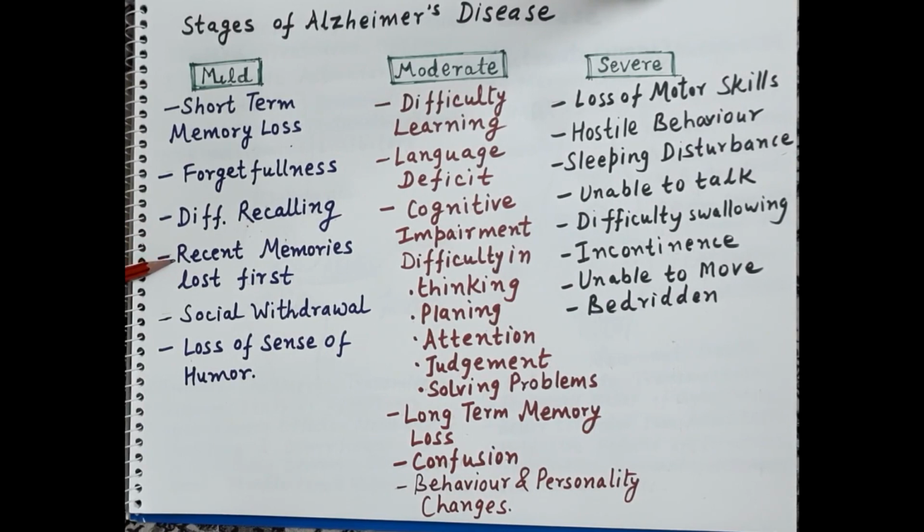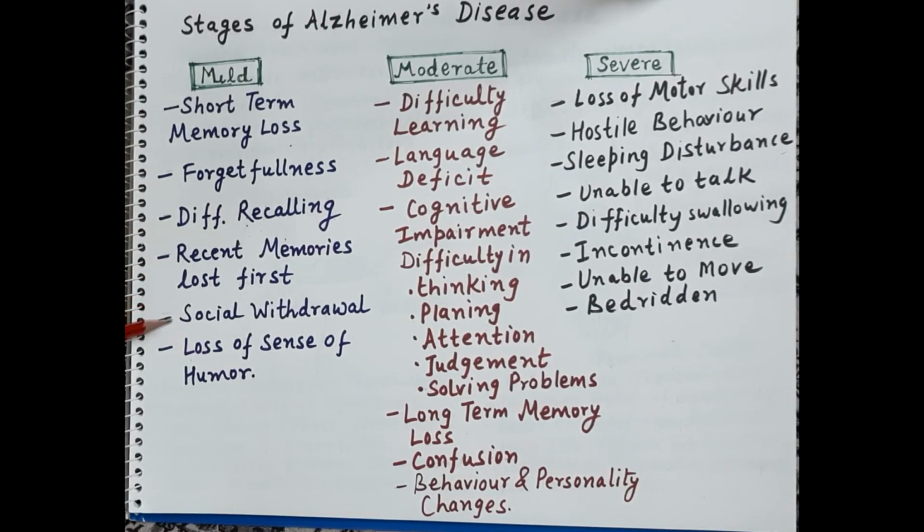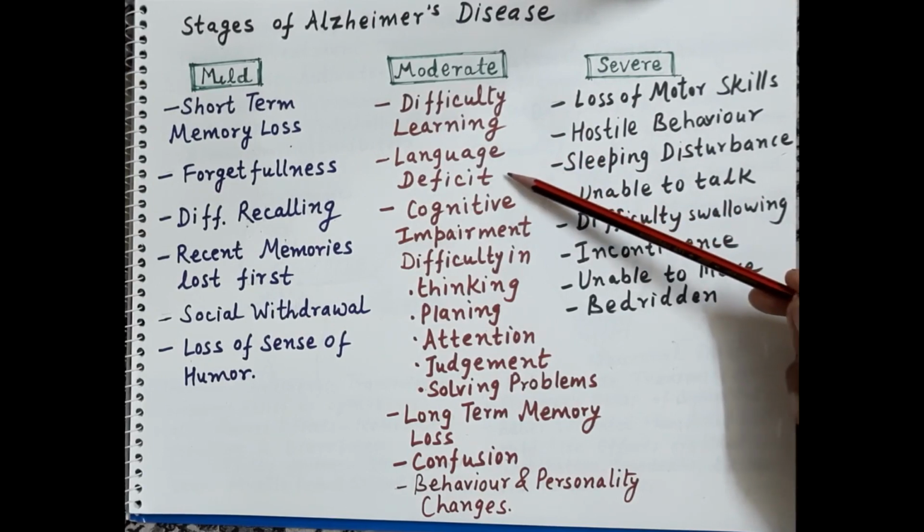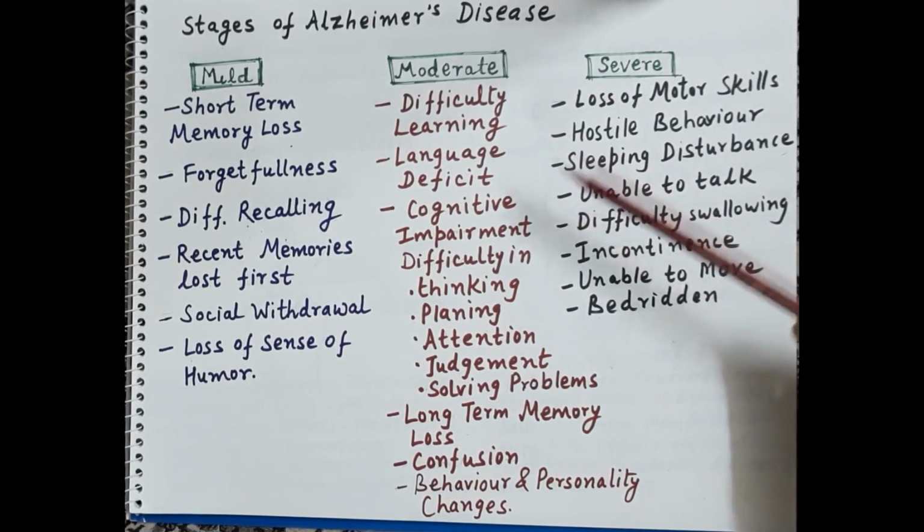Recent memories are lost first, and because of the forgetfulness, there is social withdrawal, loss of sense of humor, followed by difficulty in learning, difficulty in finding words, and therefore language deficit.